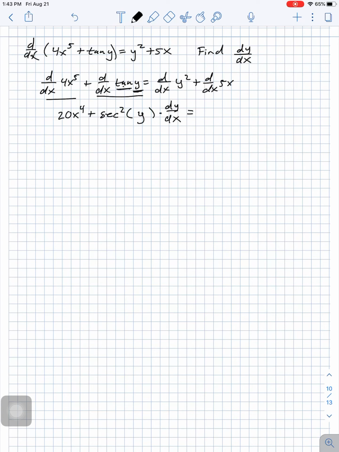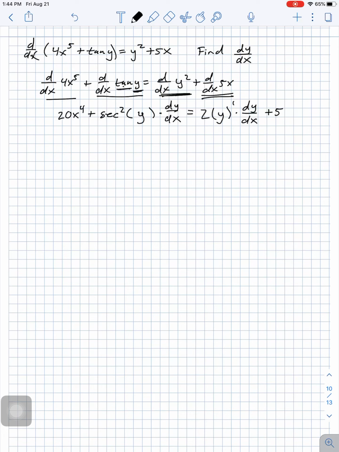Okay, equals. Now this right here is another chain rule. The derivative of the outside function evaluated at the inside function times the derivative of the inside function. Okay, and then your last term. Derivative, technically it's a chain rule also, but because it's an x term, the derivative of the inside function is just 1.